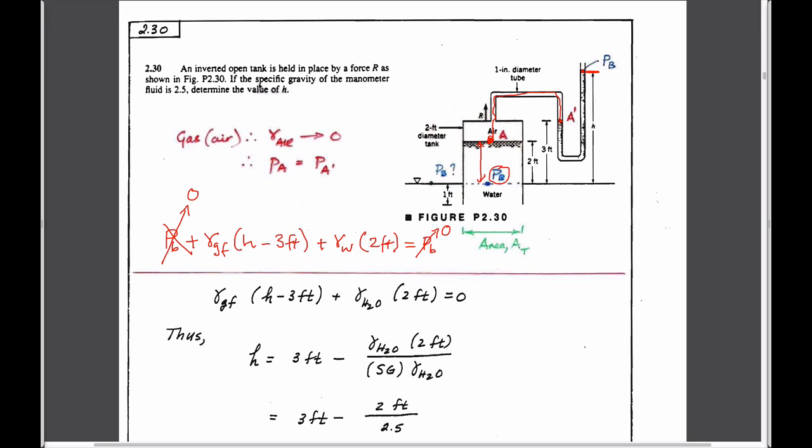If we only have a specific gravity for the manometer, specific gravity by definition is the ratio of the unit weight of a fluid, the gauge fluid, to the unit weight of water. And so we know that in this particular case it is equal to 2.5. And so we just have to recast this expression in terms of that.